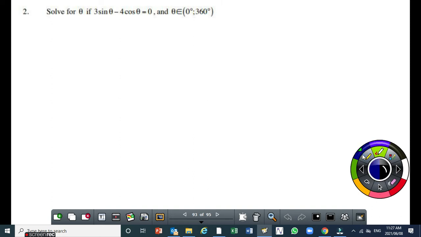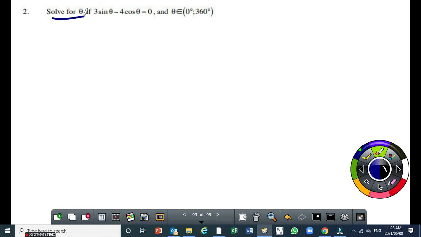Okay, so this question is not asking us to determine the general solution, but it's asking us to solve for theta. When a question says solve for theta, it means you need to find the general solution first, then use the general solution to determine all the possible values of theta.